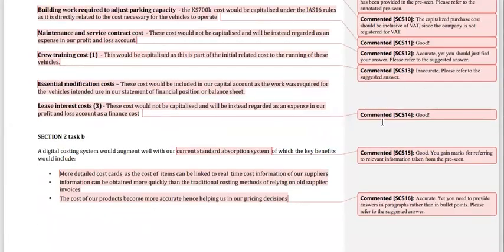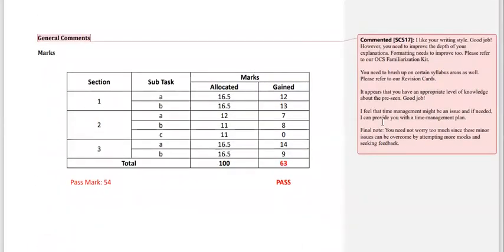For each paragraph, we provide feedback, and at the very end, we give a mark breakdown as well, so that the student is in a position to figure out which areas they need to polish up. And at the very end, we provide a set of general comments which will help you extremely when it comes to preparing for your exam.